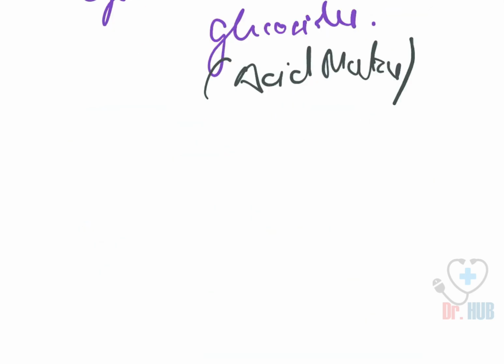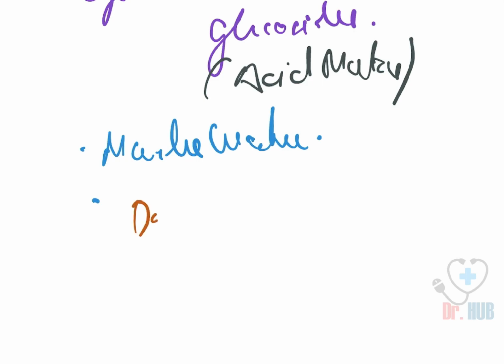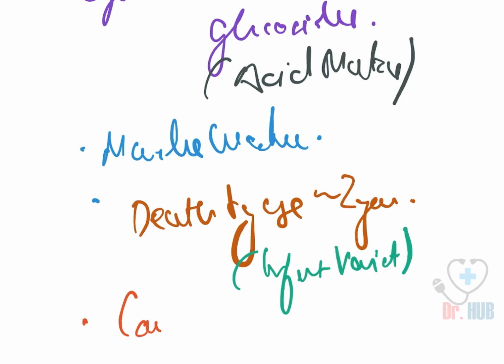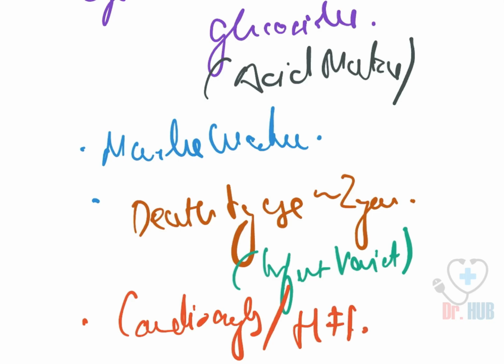The symptoms are muscle weakness. Next there is also death, by about 2 years of age, and this is the infant variant. There can also be cardiomegaly as well as heart failure.